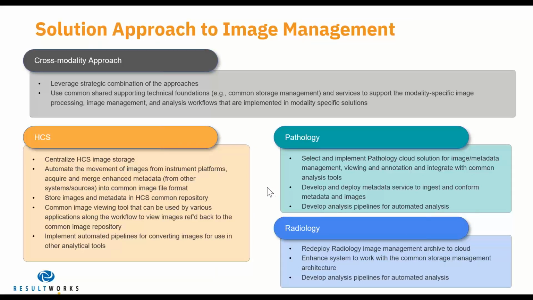So where did we wind up in each of these areas? For the cross-modality approach, we did wind up with a combination of approaches. We wound up on the common shared foundational services with things like common storage management, along with services to support modality-specific image processing, image management, workflows, and so on.